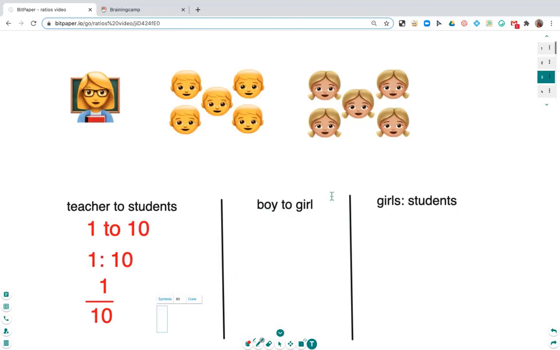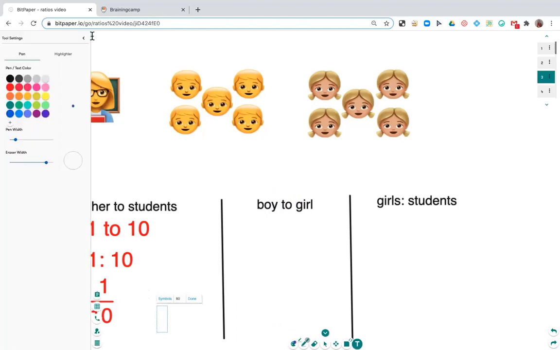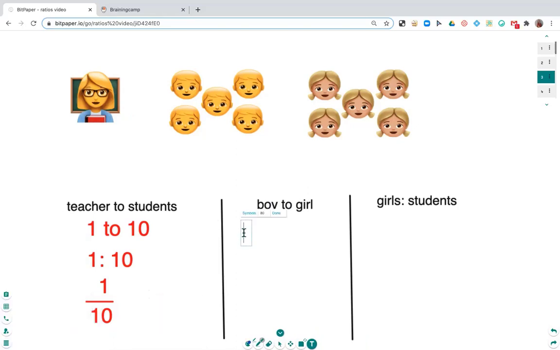Okay, now what if we changed it and we wanted to write the ratio of boys to girls in the class? Well, we can see that there are 5 boys to every 5 girls. You could also write that as 5 to 5, or we could write that as the fraction 5 over 5.